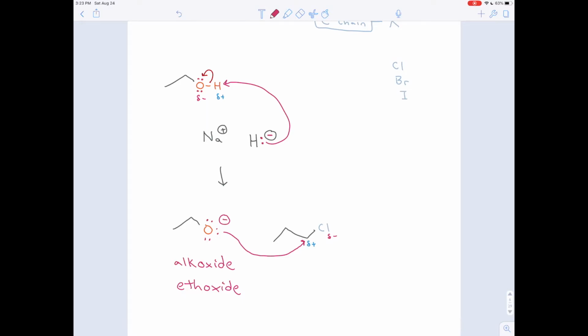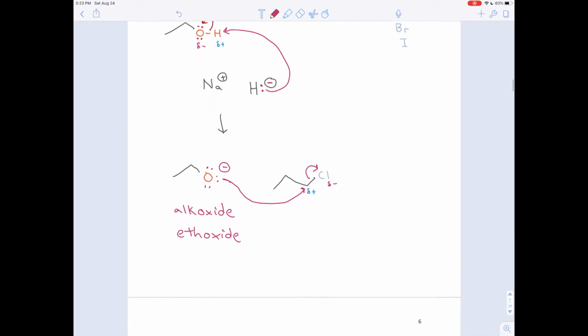Remember, these curved arrows always start at electrons because they show the movement of electrons, and they point to the electrophile. That carbon that it's pointing to, that it wants to stick to, already has 4 bonds, so if this is going to stick to it, something else has to come off, and that's going to be this bond that's already partly broken because of the separation of charge. The electrons there are going to go onto the chlorine.